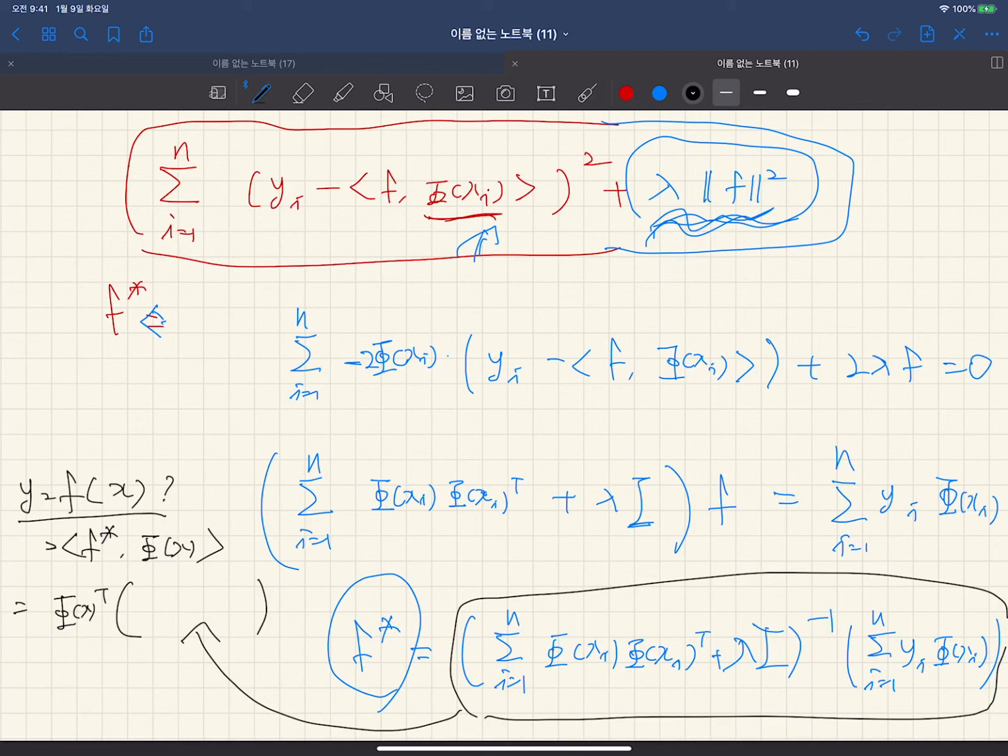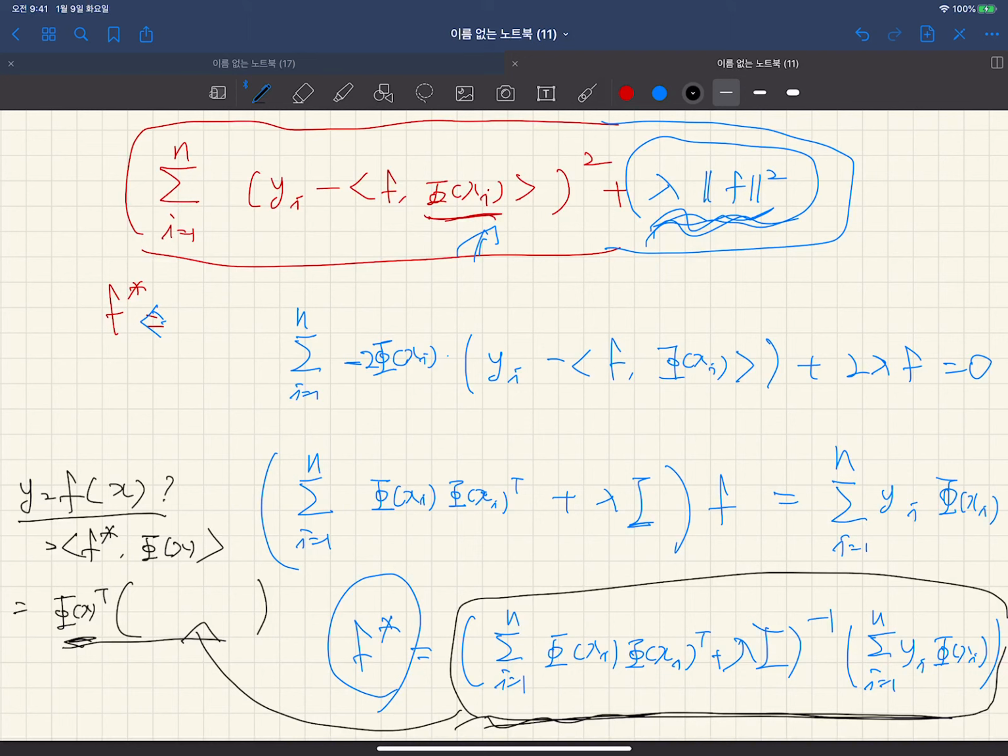Why? Currently we need to expand your input using the φ function, and you have to compute what looks like a very complicated equation to find f star, and then do an inner product between φ(x) transpose and f star. Here the dimension of f star and φ(x) is infinite, so it looks like the computational complexity is infinite.